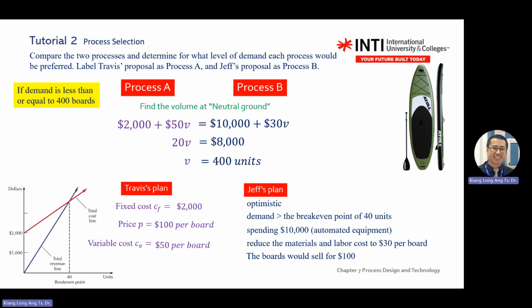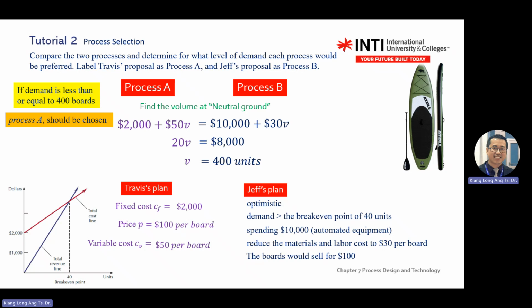Why? Why do you choose process A, left hand side, when your volume is less than 400?